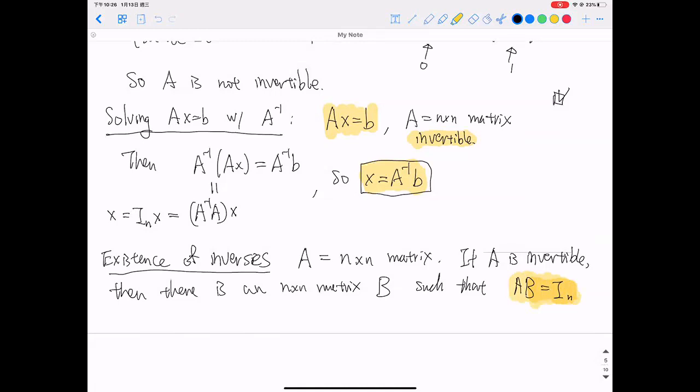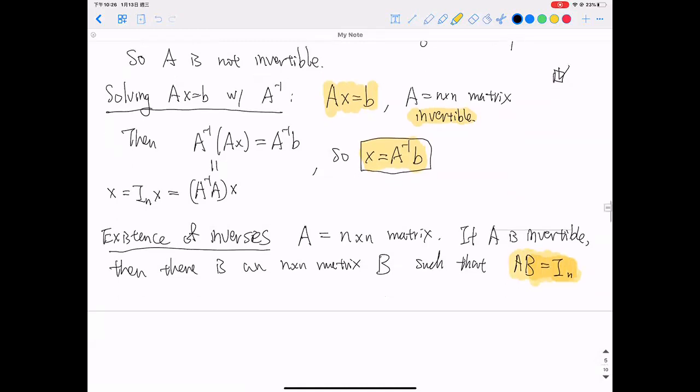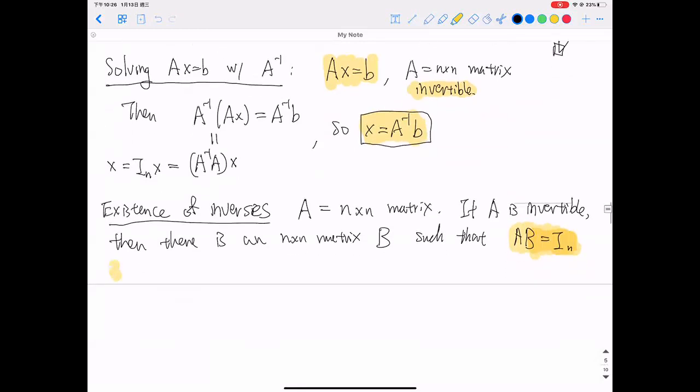Okay. Now, we can write B in column vectors.